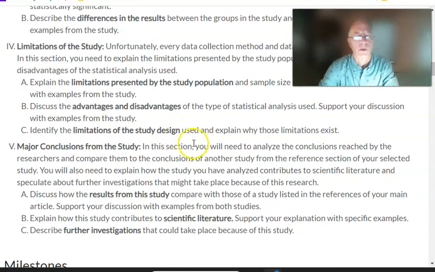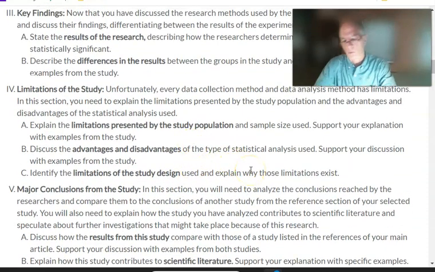Limitations of study design. If it's experimental, where they randomize, that's not really real-world research. If it's observational, where it is real-world research, it's not randomized. Randomization has its advantages, and observational has its advantages, and they both have their limitations.